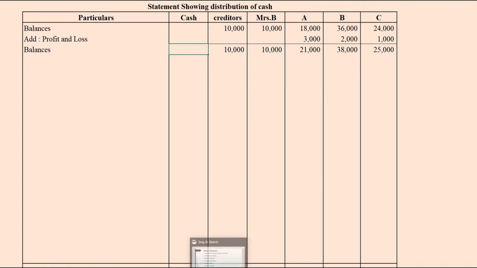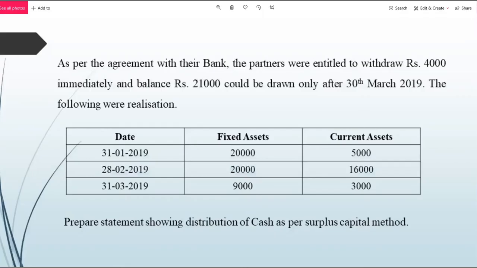So in the adjustment, look here, as per the agreement with their bank, the partners were entitled to withdraw rupees 4,000 immediately and the balance rupees 21,000 could be drawn only after 31st March 2019. It means rupees 4,000 can be immediately withdrawn.